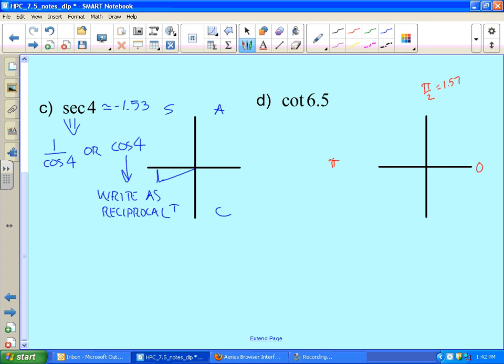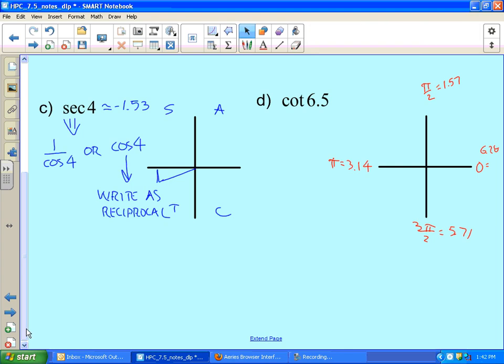Pi, which is 3.14, 3 pi over 2, which is 4.71, and then 2 pi, which is 6.28. Okay, somebody still having trouble with the calculator? Are we all clear on the use of the calculator functions?